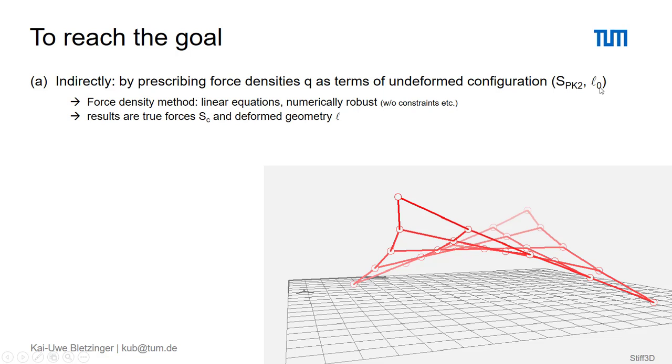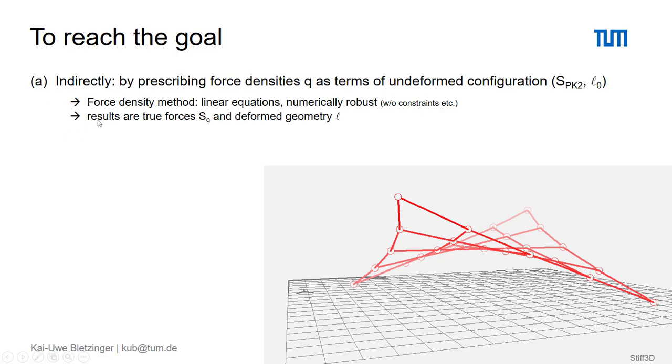Refer to our previous seminars, and I think you remember. As a consequence of this approach, we arrive at the force density method, typically with linear equations, refer to the paper by Schek. Typically, this is a very robust approach, simply because there are the linear equations, as long as we do not deal with constraints and other issues in this context which make the equations nonlinear.